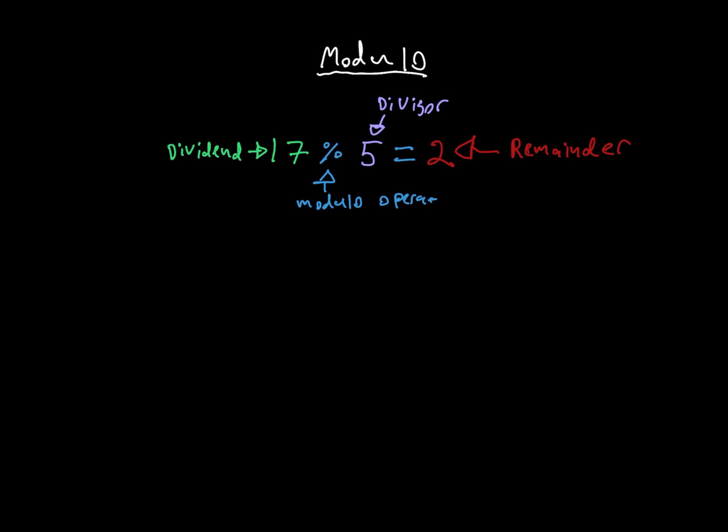A modulo operator, often shown as a percentage sign, finds the remainder after division. So in this case, 17 mod 5 gives us a remainder of 2. One way you can think about this is in terms of cookies. Let's say you have 17 cookies and you have bags that can hold at most 5 cookies.